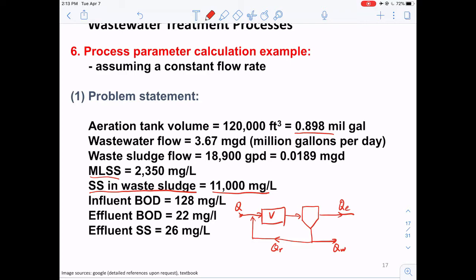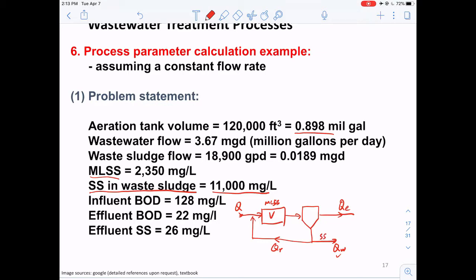Okay, so you can see that this problem already provides us with the volume of the aeration tank, the wastewater flow, and the waste sludge flow, right? And also the MLSS, which is the concentration of the suspended solids in this aeration tank. It also provides the suspended solids concentration in the waste sludge.